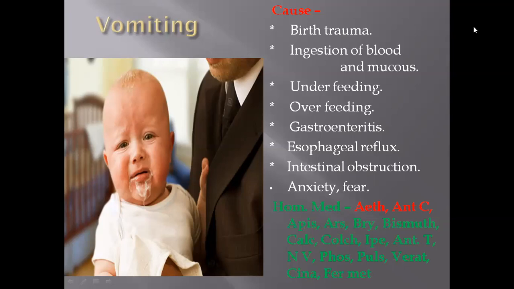This esophageal reflux, you simply try to understand that there is excess acid and bile in the digestive tube, which causes irritation, and for which the baby may suffer from vomiting.